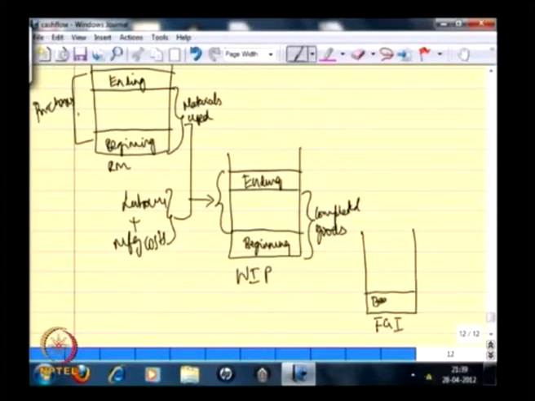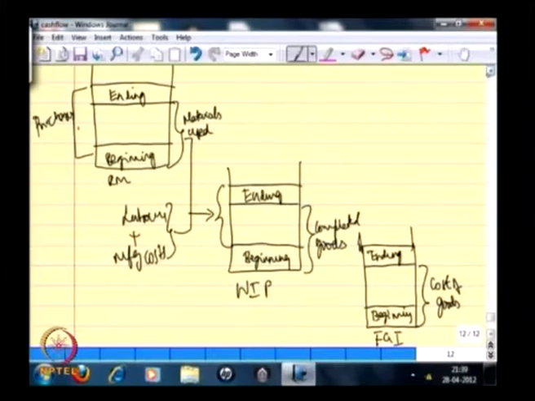Here again you would have a beginning finished good, ending, cost of goods. Now, in all these three stages, we find that it starts with raw material and finally ends up with cost of goods that is available for sale.